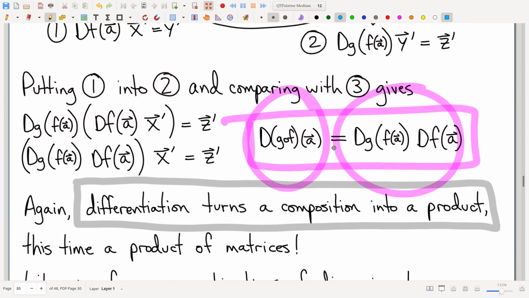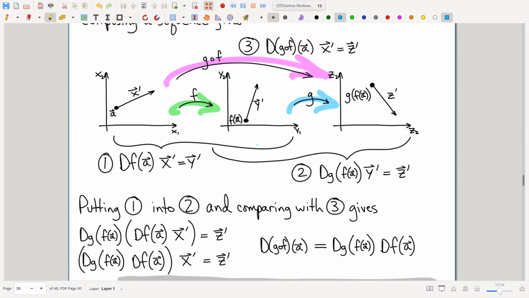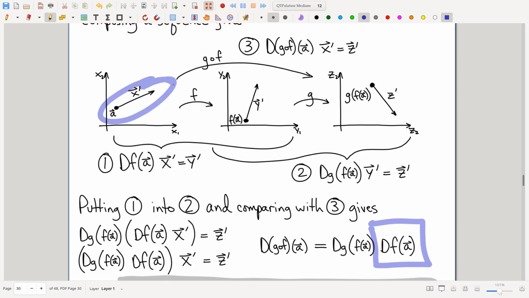If you look a little bit more carefully at our picture, and let me zoom back out a little bit more, here we go. Let's think about where, in general, we should evaluate a derivative matrix. Looking first at the derivative matrix for f, a derivative matrix for f turns input velocities into output velocities. Where am I when I am moving with velocity x prime?